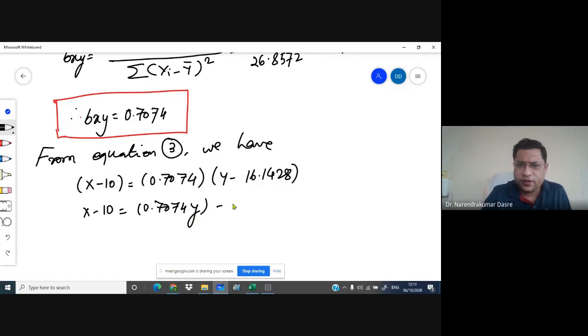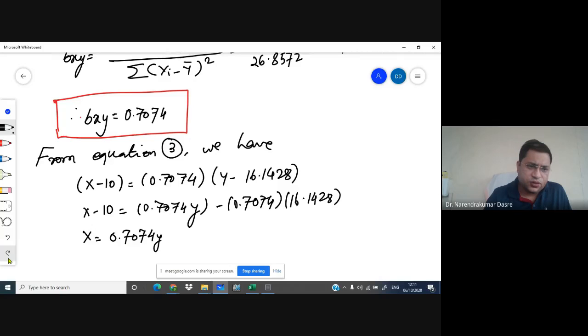So what you got is x minus 10 is equal to 0.7074 times y minus 0.7074 times 16.1428. So x is equal to 0.7074 times y, minus 0.7074 times 16.1428, plus 10.